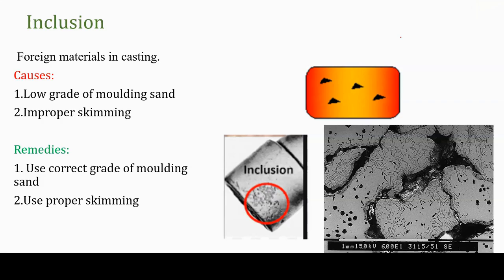We have to remove that slag or impurities from the molten material, and only after that pour it into the mold cavity. If we forget to remove that, it will create some inclusion in the final casting. So this can be avoided by using the correct grade of molding sand and also proper skimming.